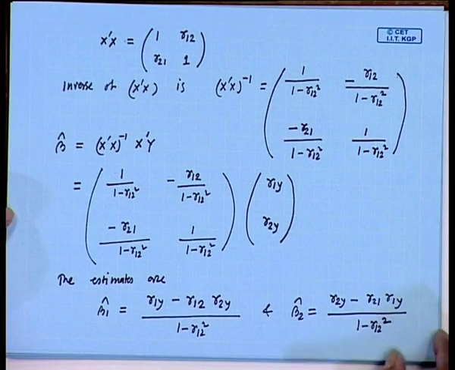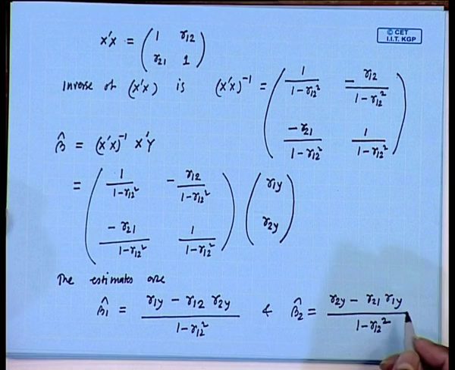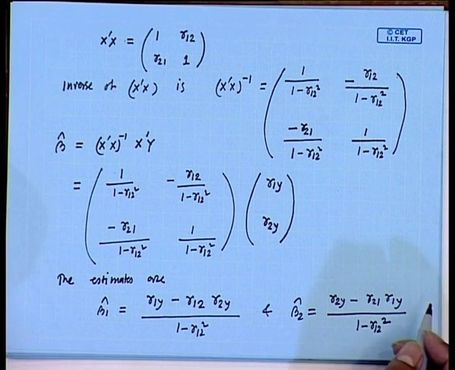So, what I said is that if there is a problem of multicollinearity in the data, then that results in large variance and covariance of regression coefficients. Right now we have the least square estimator of the regression coefficients beta 1 and beta 2.